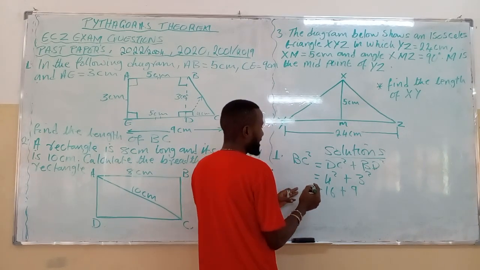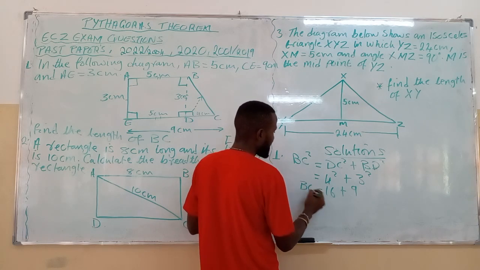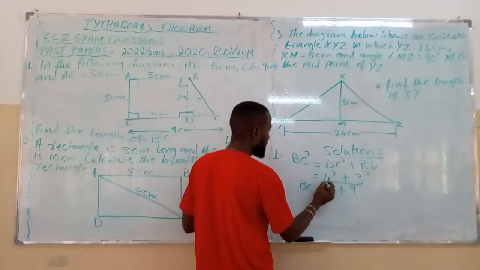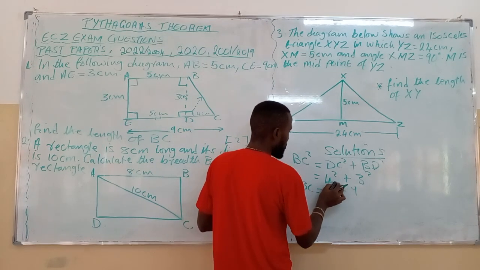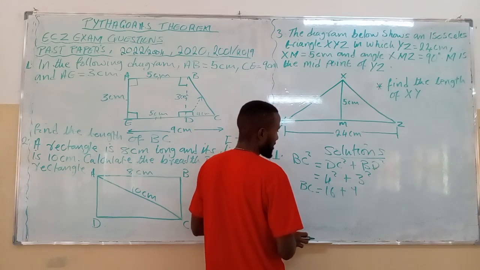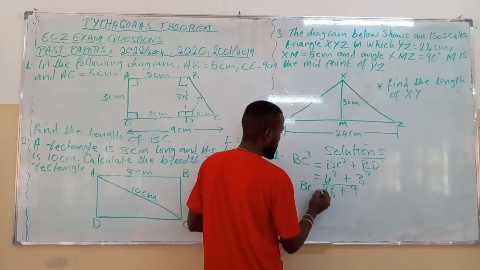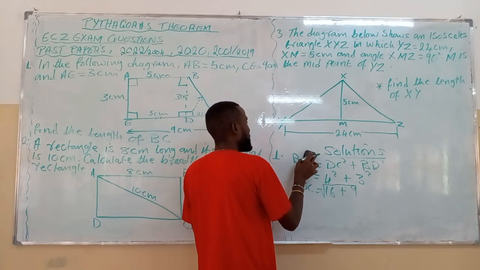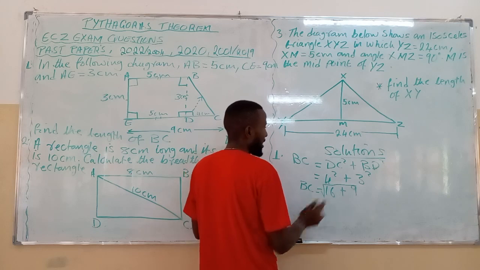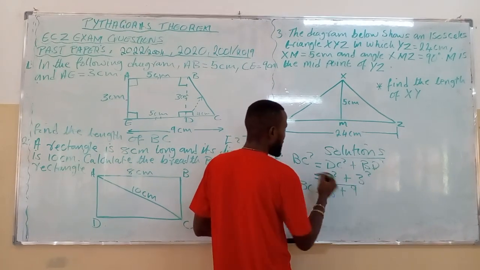Now, keep in mind that we have BC, so you can immediately say BC and introduce the square root here. Or if you don't want to put the square root here, you can write it in that manner and remove the square root there and put the square root on top, so everything will be with the square root.